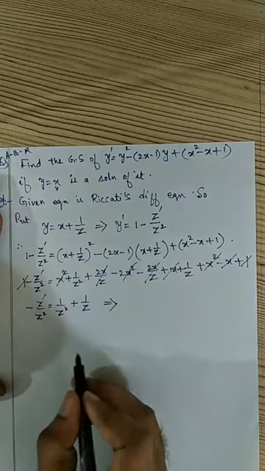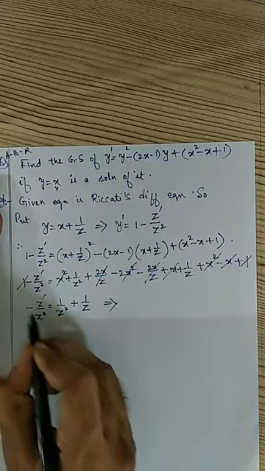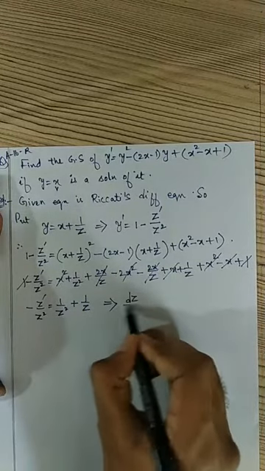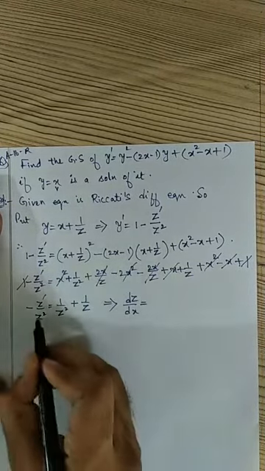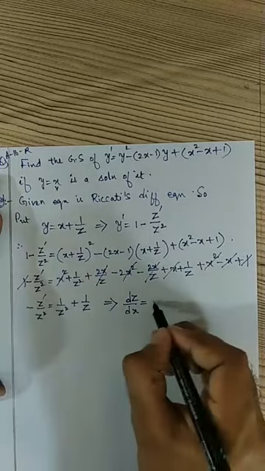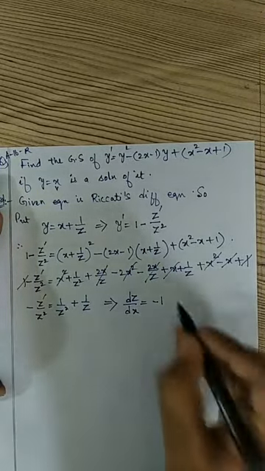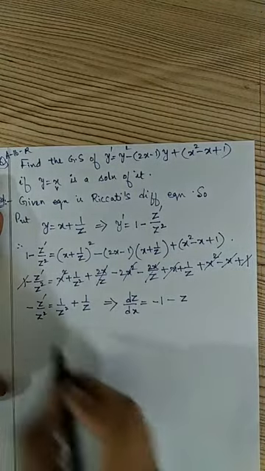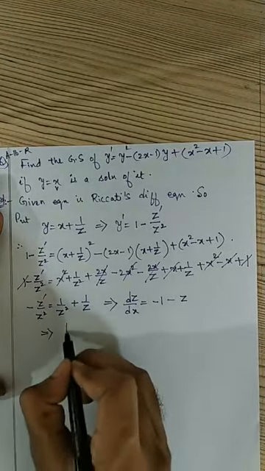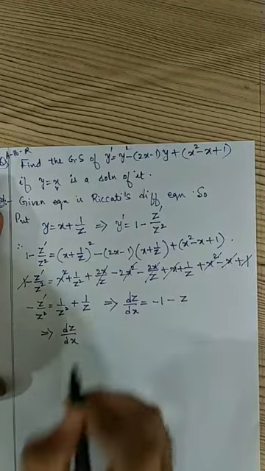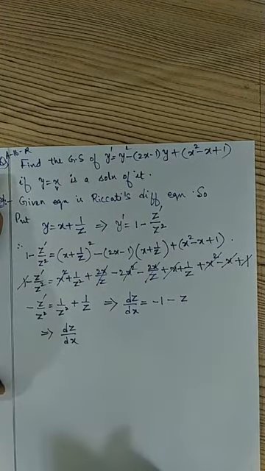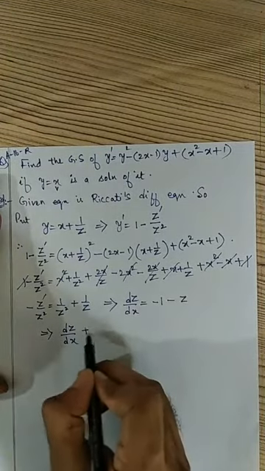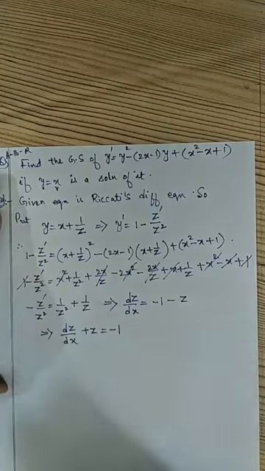Now I don't want minus z square in the denominator, so z dash, which is dz by dx, equals, taking minus z square to this side, minus 1 minus z square by z, which is nothing but z. Further, this equation can be written as dz by dx plus z equals minus 1, bringing this minus z to this side.